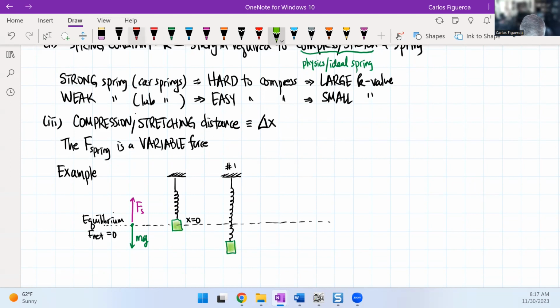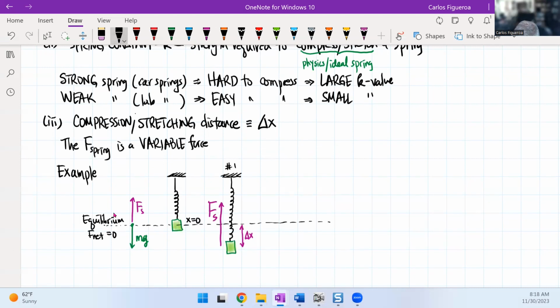If I displace the center of mass by this distance x, there's going to be a spring force that's larger than what it was at the equilibrium point. And that's because I've stretched it.